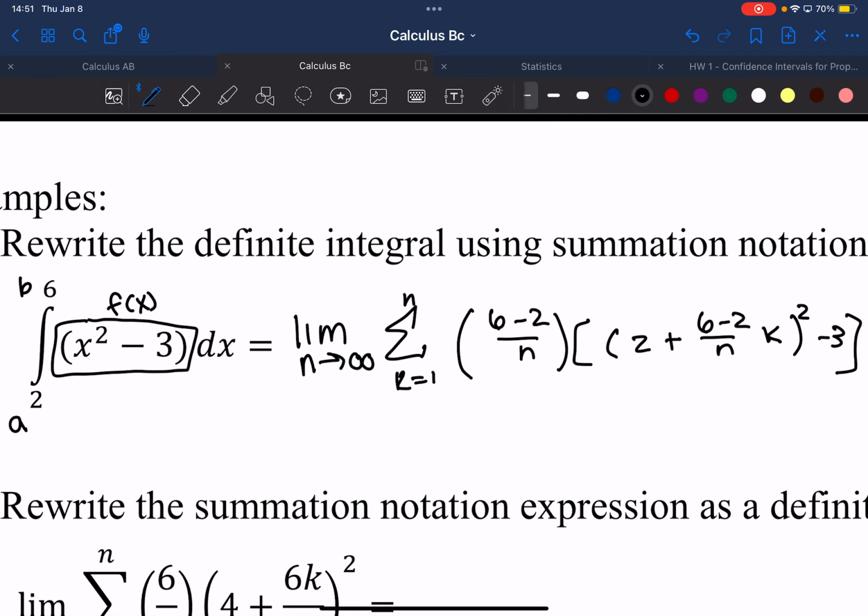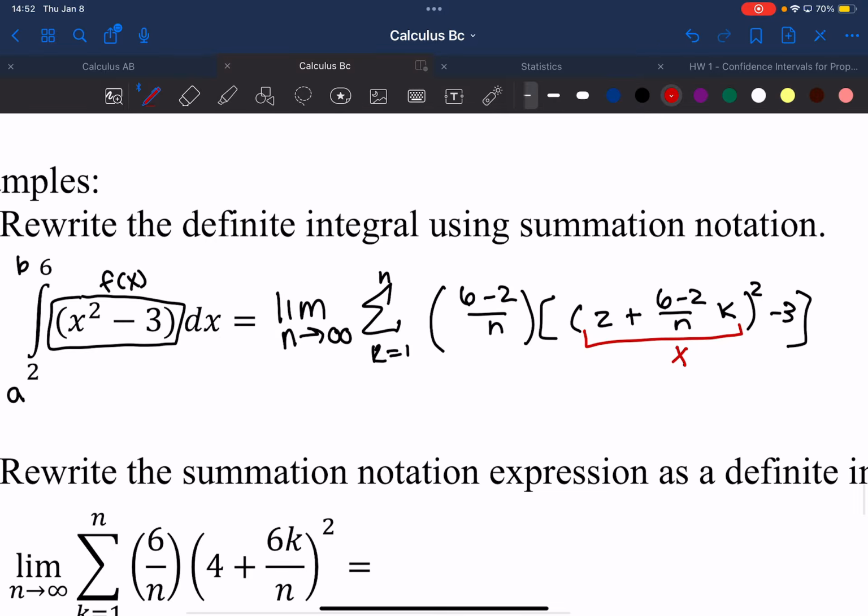What we did is we went back up to the formula, and where there was an a, we placed a 2. Where there was 6 minus 2, that was b minus a. And since that whole thing is representing x, and our equation was x squared minus 3, I went ahead and squared that entire thing and then subtracted 3. So this is us going from an integral to summation notation.